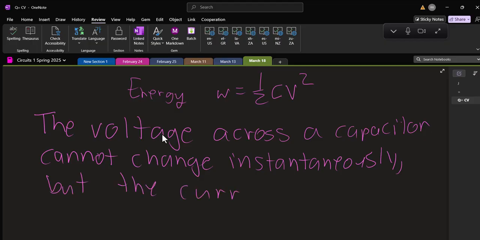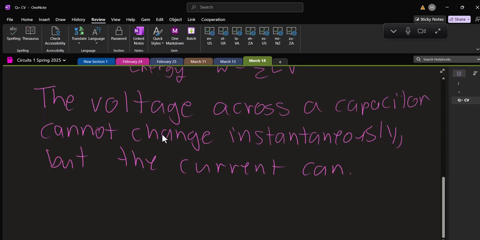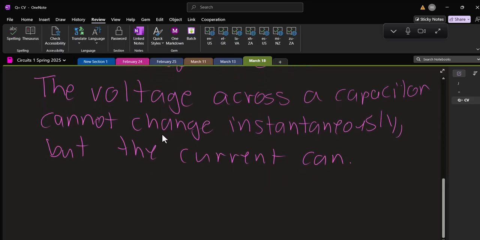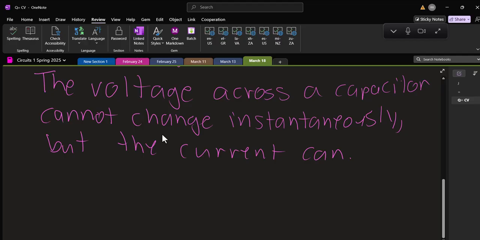But the current can. And that is very important, and we'll see why in a minute.